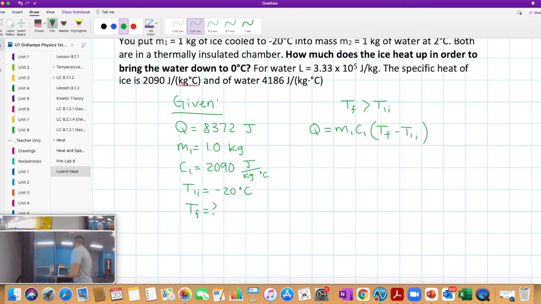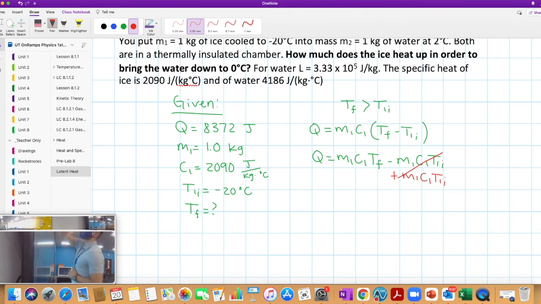Give me a second. There you go. There's my mouse. So let's get rid of that parenthesis so we can solve for temperature final. I'm trying to solve for temperature final, plus m1 c1 temperature 1 initial.